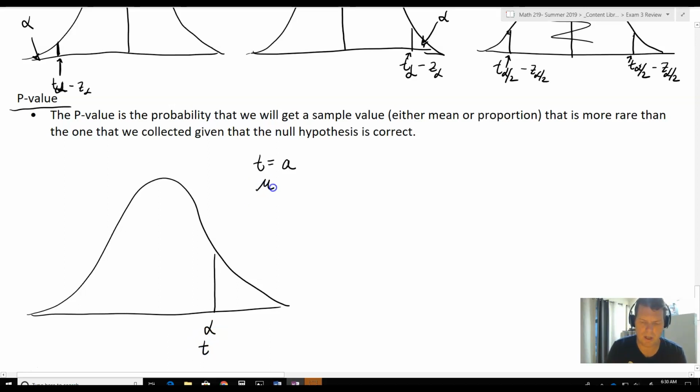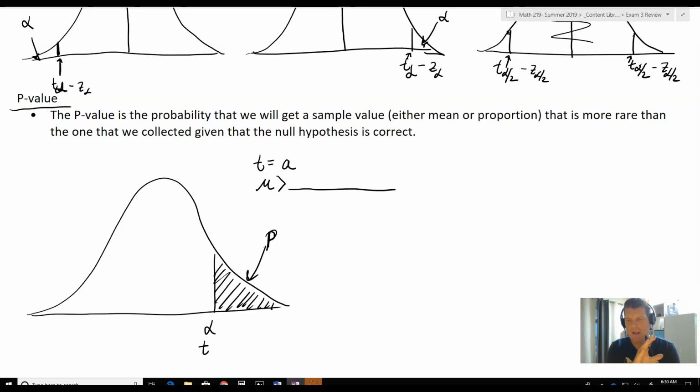And suppose that my null hypothesis is mu is greater than a certain value. The p-value is the size of that region. It's going to tell me whether or not the value that I got for a is more rare than my critical value.